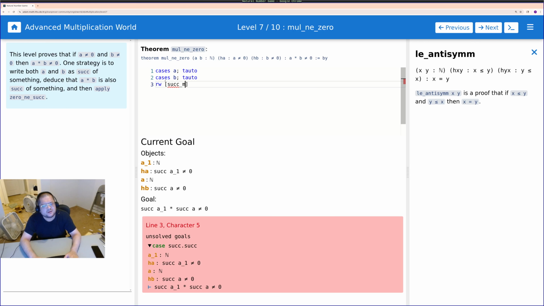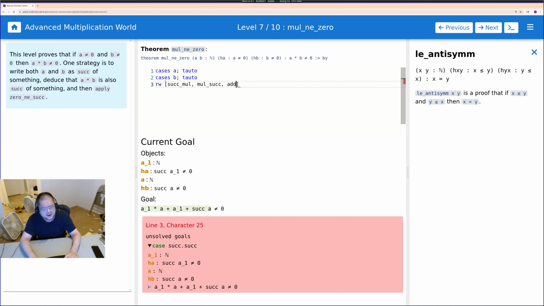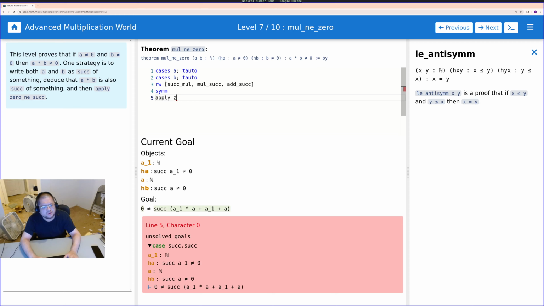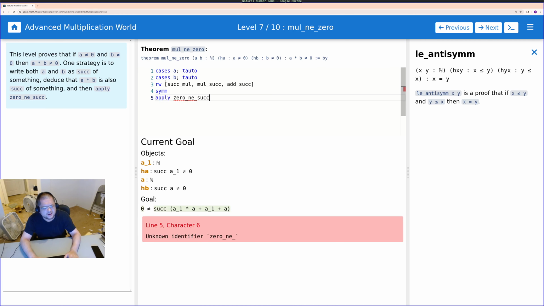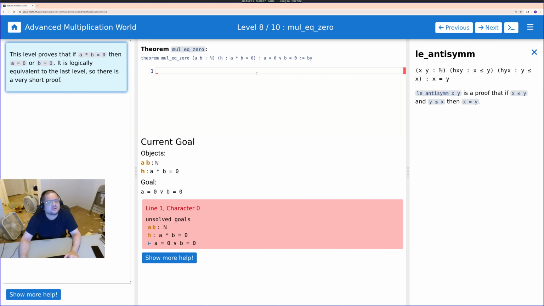Rewrite successor multiply by successor, add successor. Right, and then apply 0 not equal to successor. Okay. It's logically equivalent to the past one, so it should be easy.